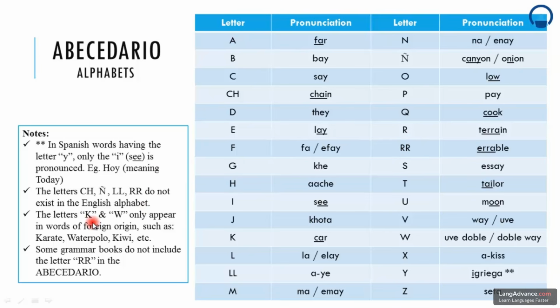The letters K and W only appear in words of foreign origin, such as karate, water polo, kiwi, etc. So that's all with the alphabet series in Spanish.